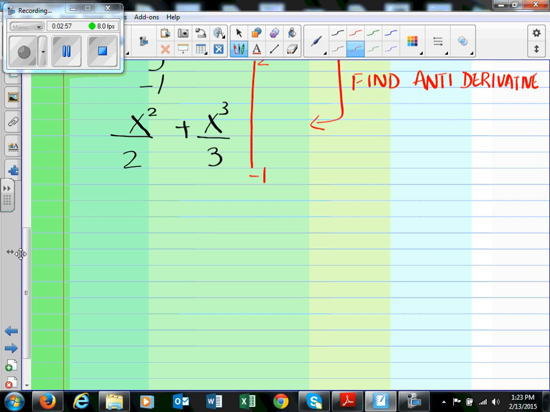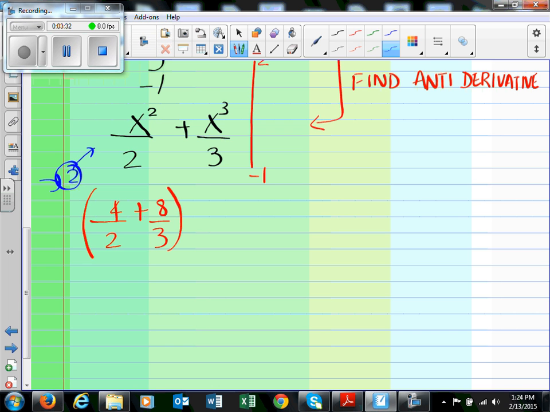So I substitute 2 over here. I get 2 squared, which is 4 over 2, plus 2 cubed is 8 over 3. This is the upper limit. Sorry, I substituted 2 in this expression.